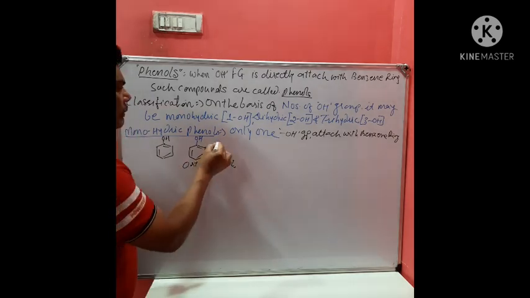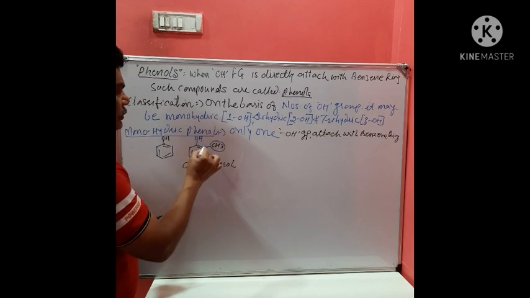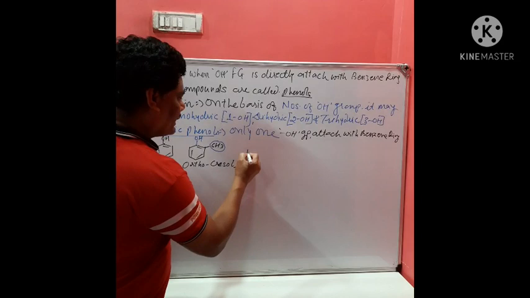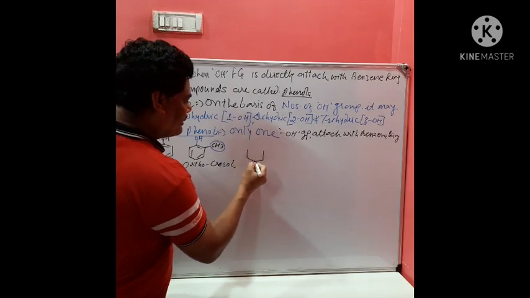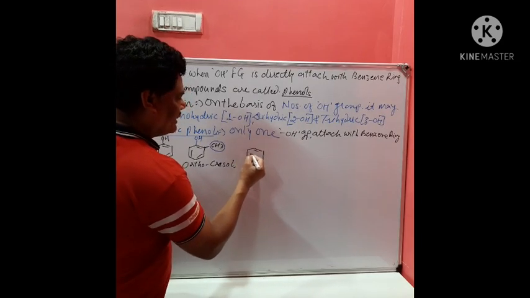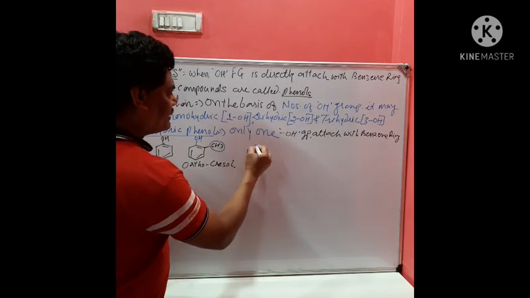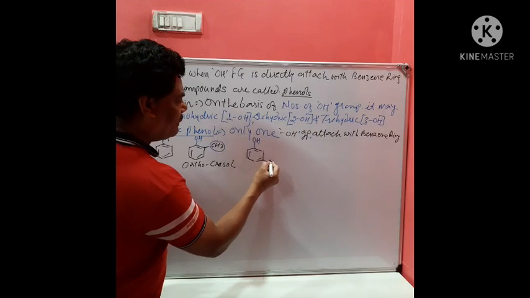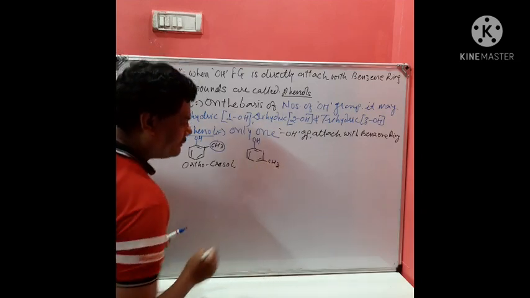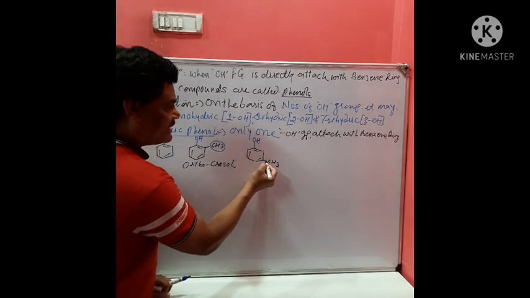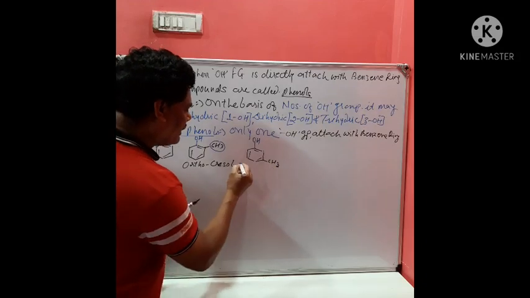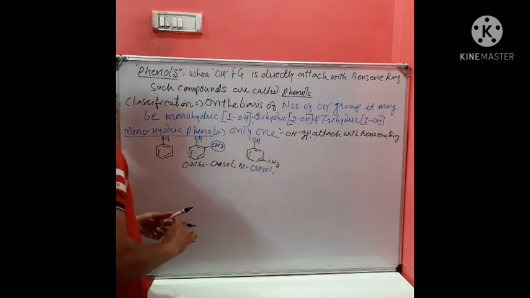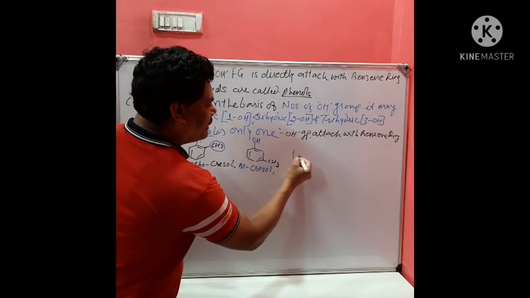Because the position of methyl group is in ortho position, therefore called orthocresol. Again the benzene ring, and with it directly attached only one OH group, but now the position of CH3 is here. This position is called meta, therefore this is called meta, but the main thing is what? Cresol.